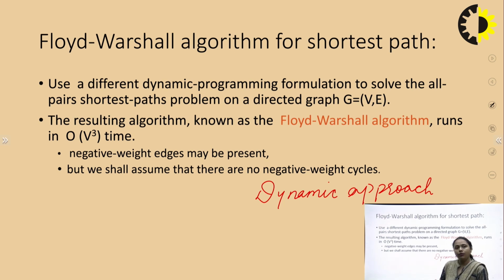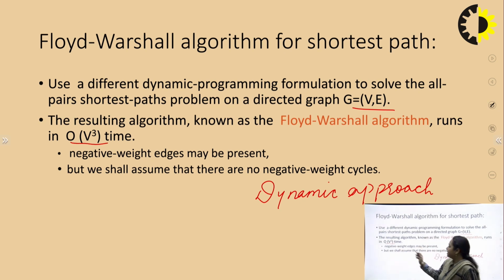But in case of Floyd Warshall, the path of each and every node is calculated. So whenever we are given a graph G with vertices V and edges E, it calculates all the paths between all the vertices existing within the graph. Its time complexity is O of V cube.